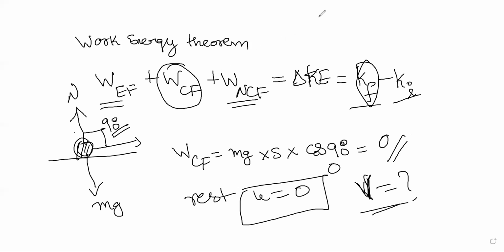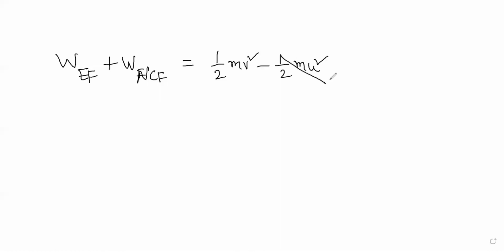What we are left with is the work done by the external force plus the work done by the frictional force, which is a non-conservative force. That is equal to half mv squared minus half mu squared. But as I said, he starts from rest, so the u part is 0.